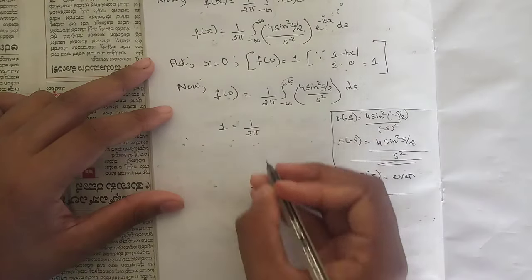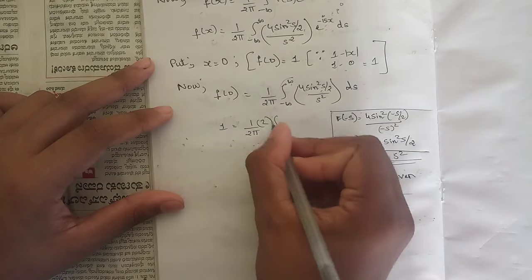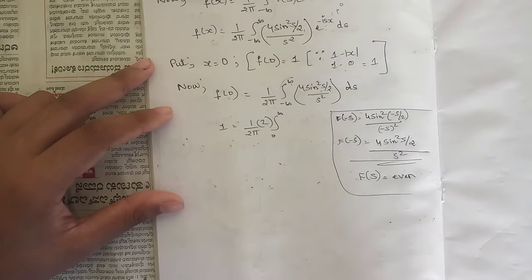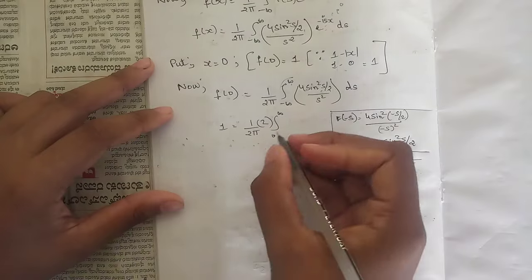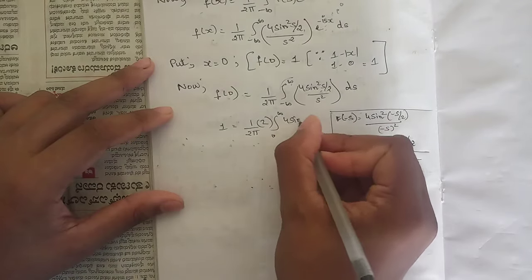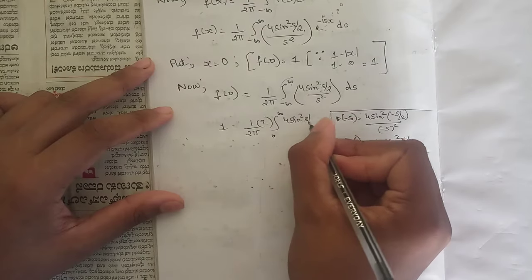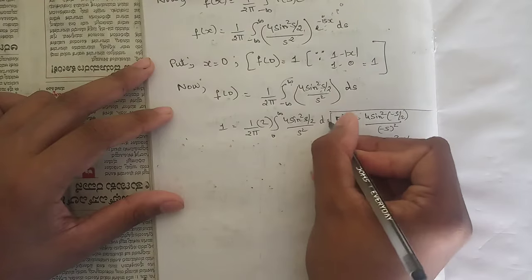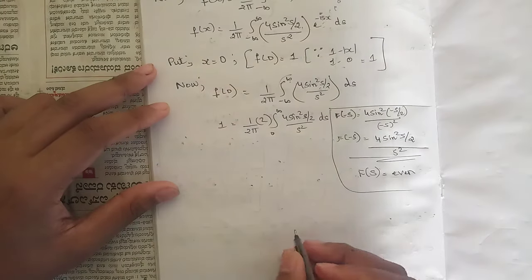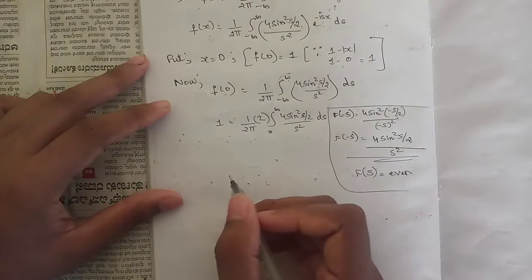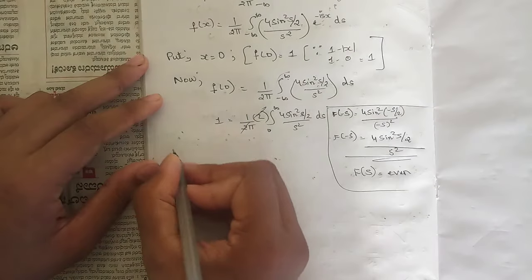So now we can write the limits as 2 times the integral from 0 to infinity of the given function, 4 sine square s by 2 by s square into ds. Here again we can cancel some terms: this 2 and 2 get cancelled.